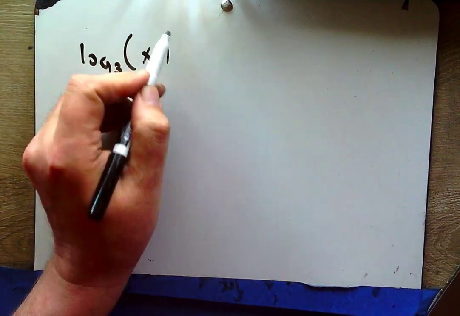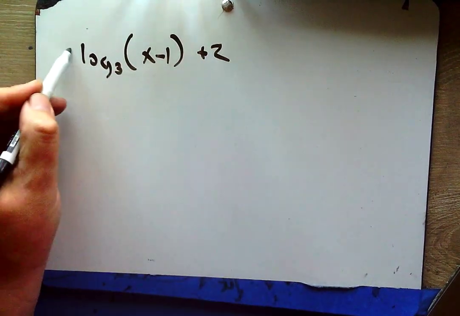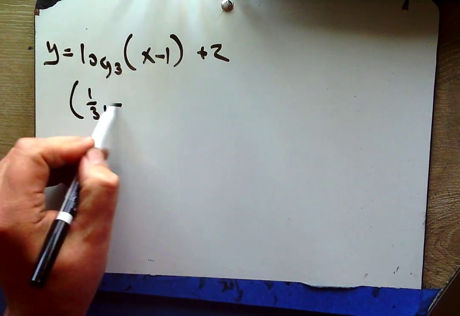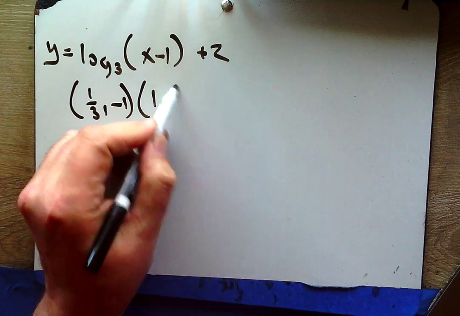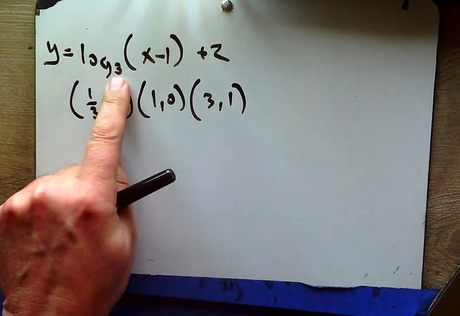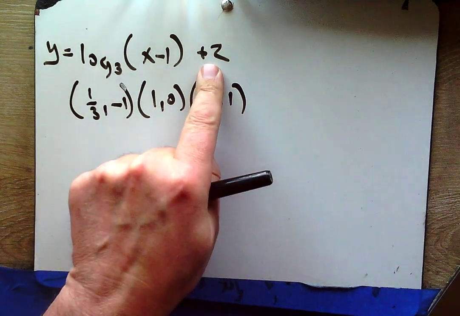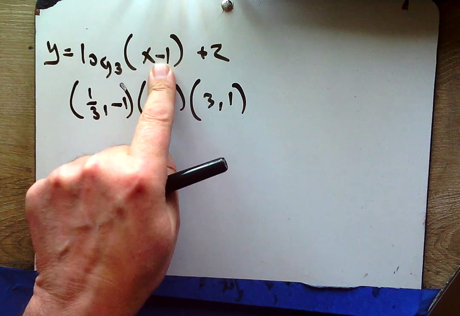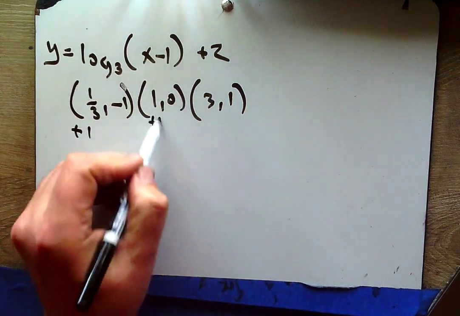So when I look at something like log base 3 of x minus 1 plus 2, I'm going to start with my reference points, 1 over 3, negative 1; 1, 0; 3, 1. Where am I getting the 3's from? That's the base. I see an outside transformation and an inside transformation. Inside is still opposite land.